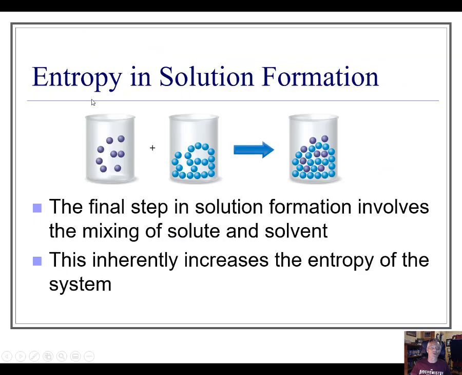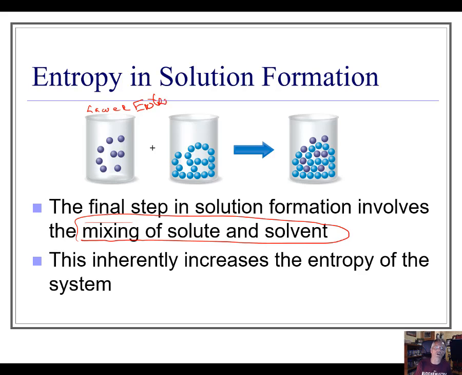All right, entropy and solution formation. So the final step in solution formation involves mixing. And mixing, guys, when we mix that solute and solvent, we have lower entropy, and that's over here and over here. That just means order, fewer possible arrangements.